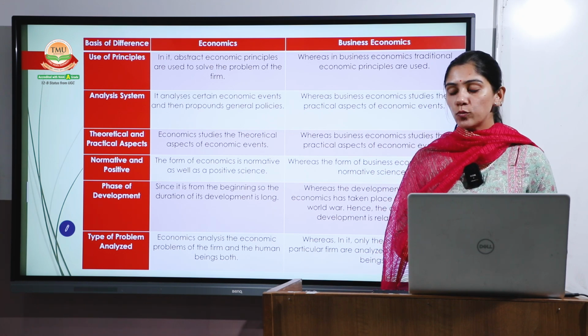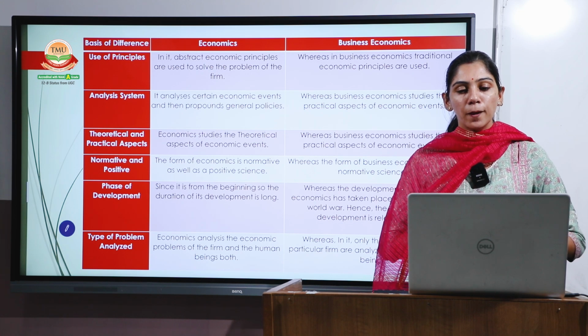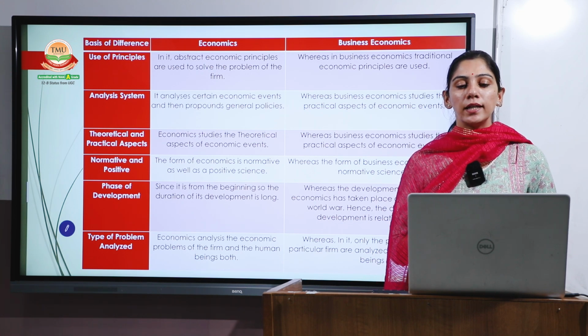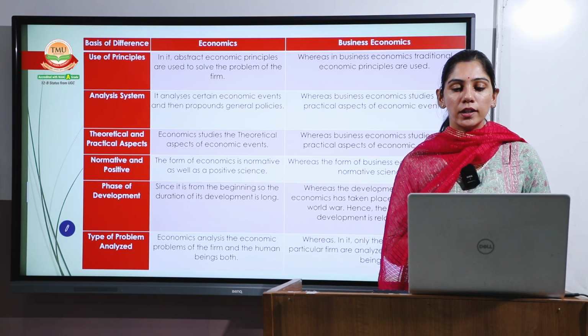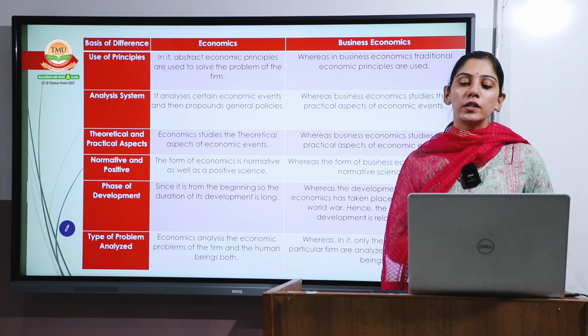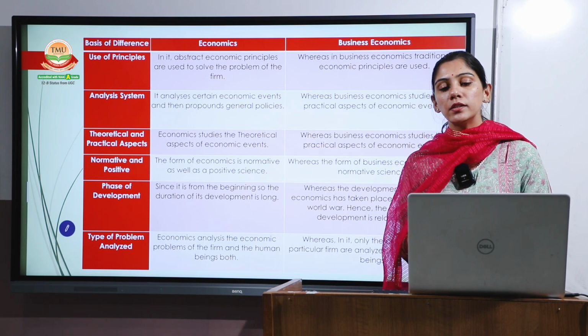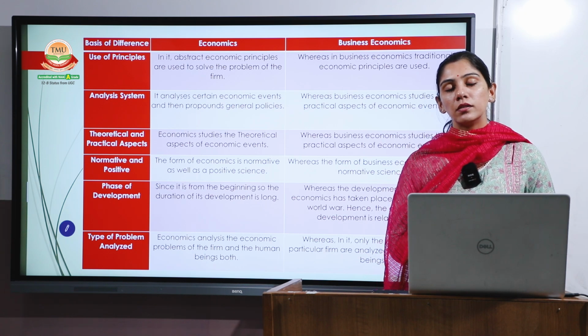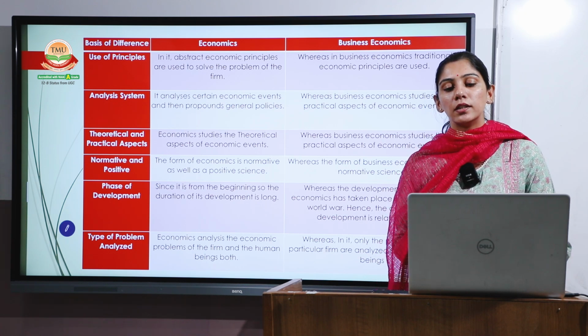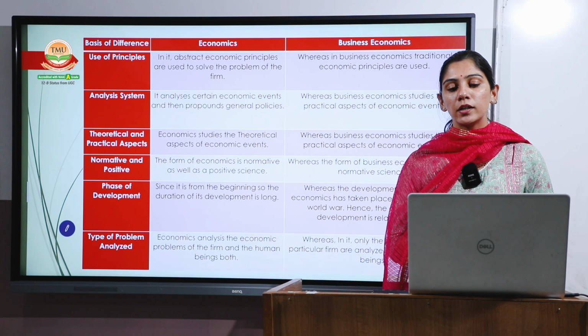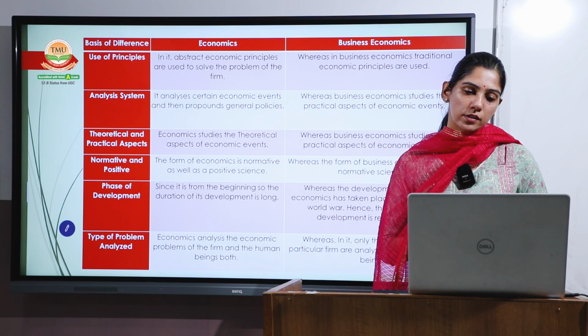Next point is analysis system. Economics analyzes certain economic activities and then propounds general policies, whereas business economics studies the practical aspects of economic events.